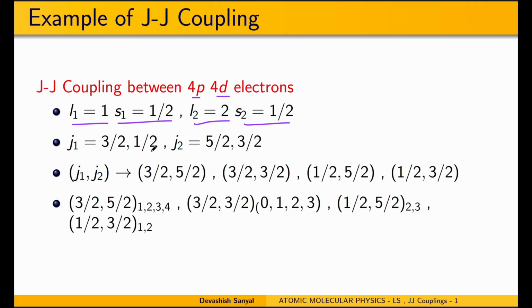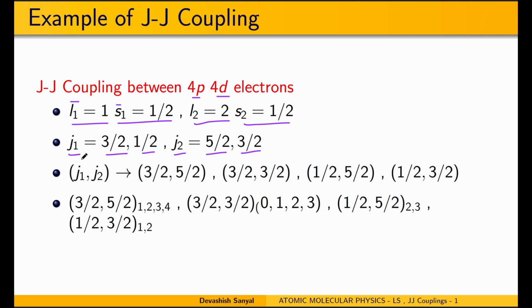So L1 and S1 can combine to form J1, and the possible values of J1 are 3/2 and 1/2. From L2 and S2, we get J2 equal to 5/2 and 3/2.